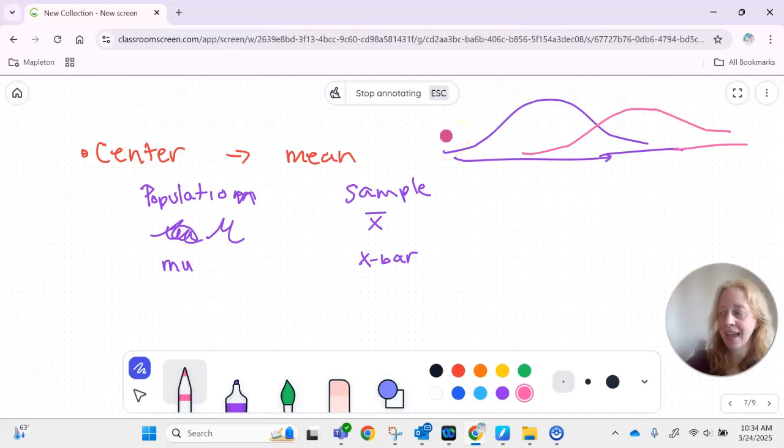Now, I can't say that every man is taller than every woman. There's overlap there, and this is probably not even drawn particularly well. They're much closer together. But what I can say is that the average of one of them is higher than the other, okay?